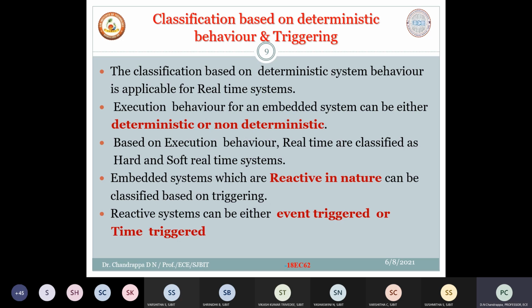Many real-time system products are being used nowadays. In a real-time system, we are mainly worried about the execution behaviors, where we execute the programs and how they respond. During an explanation, when we ask the students questions, how the students respond, that is what real time is.